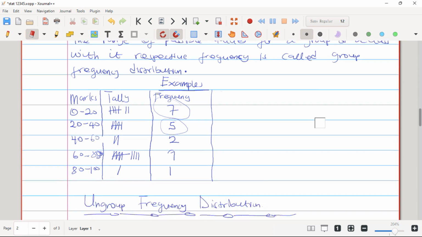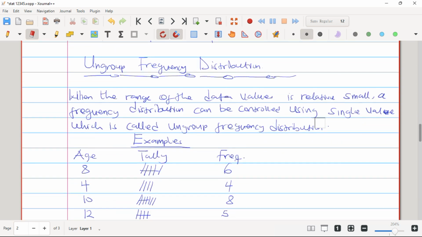The next frequency distribution on our list is the ungrouped frequency distribution. For an ungrouped frequency distribution, if the range of data values is relatively small, a frequency distribution can be constructed using a single value.